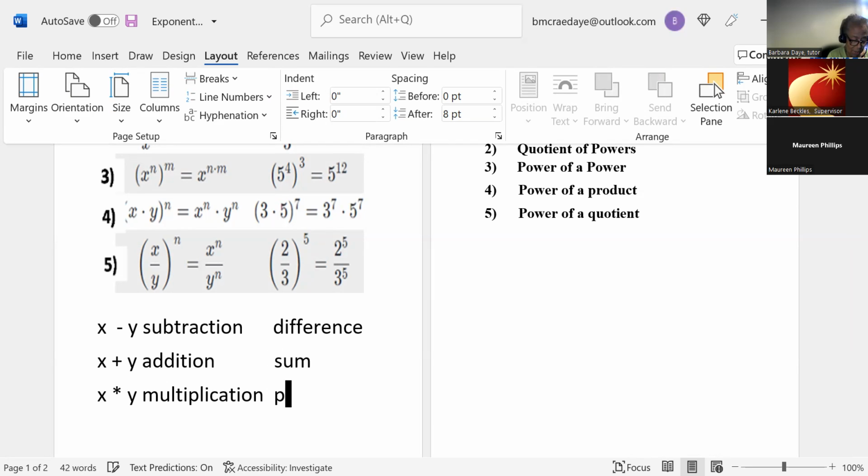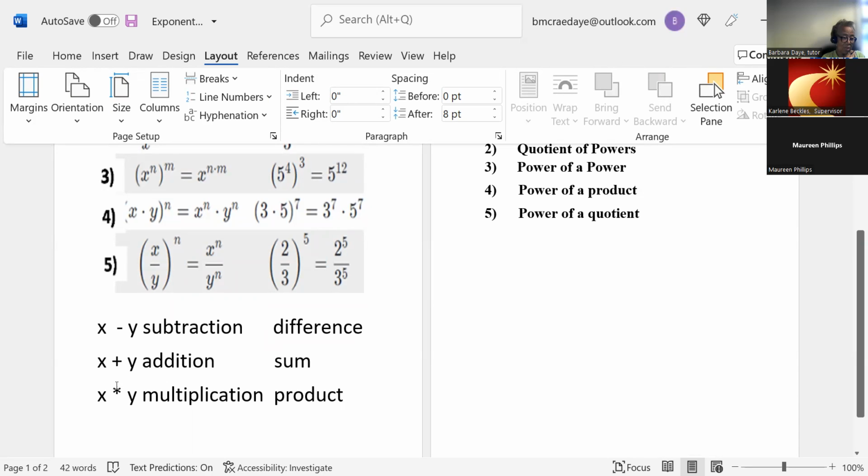This is really, really basic. I want you to remember that. Remember the symbols for the operations. Minus, that's a little dash, plus sign. And for multiplication, now you remember you could have a dot, you could have an asterisk, you could have an X, you could have side by side, or you could have parentheses.